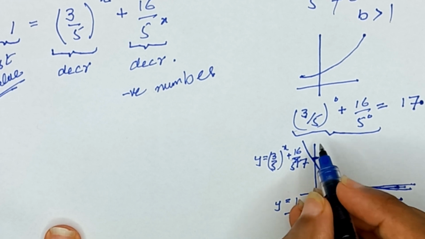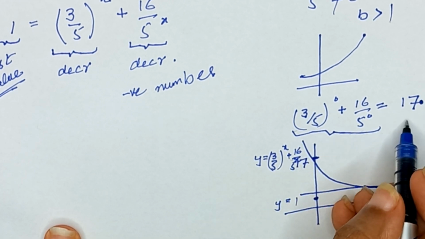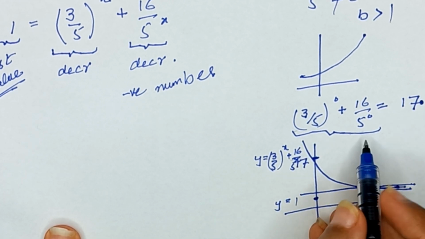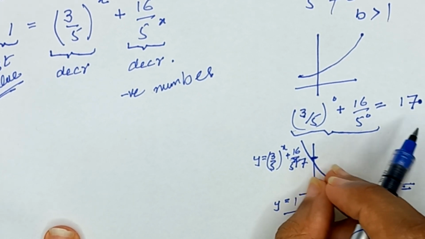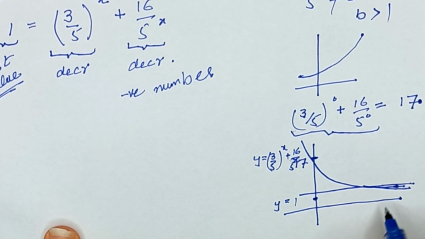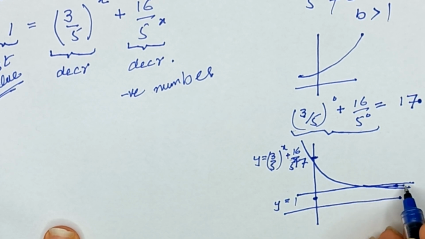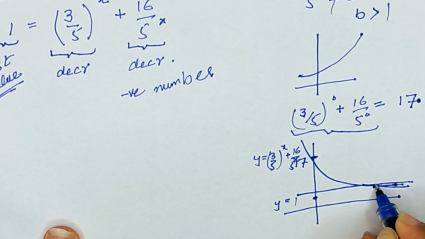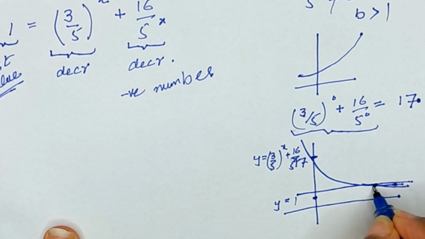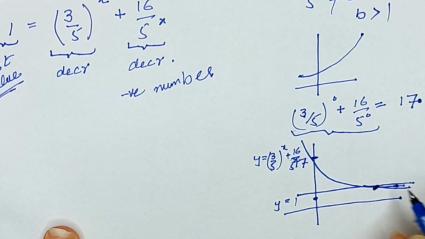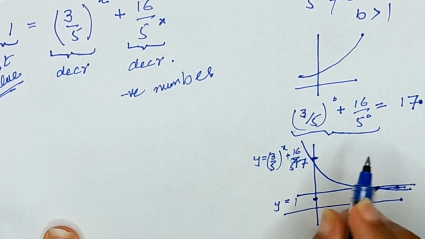As I told you, it's a decreasing function, so it is above the x-axis, because as x tends to infinity, the function tends to 0 from above the x-axis. And also here I have another line, y is equal to 1. Now this shows that it crosses at only one point. So the functions are going to intersect at only one point. That means it has only one solution.